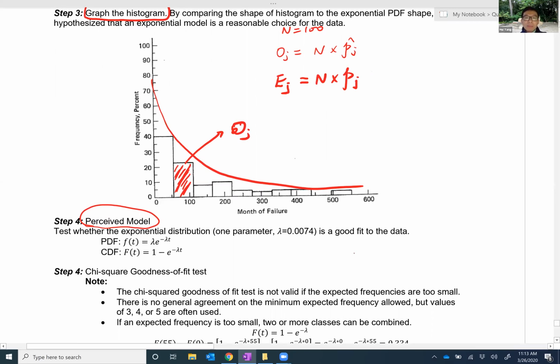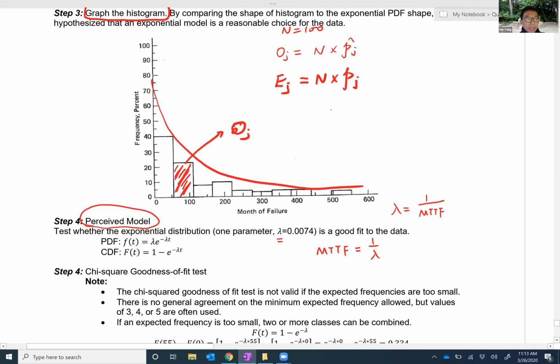The mean time to failure equals 1 over lambda, and then lambda equals 1 over the mean time to failure. So we need to calculate the average failure time: you sum all the failure times together to get the mean time to failure, then you get the lambda. This is 0.0074. So we assume this is our model and lambda equals this one.